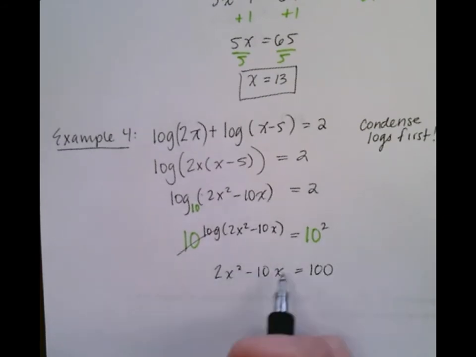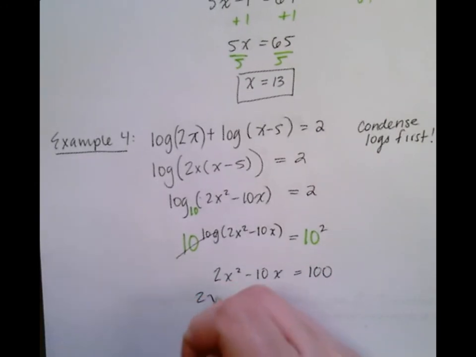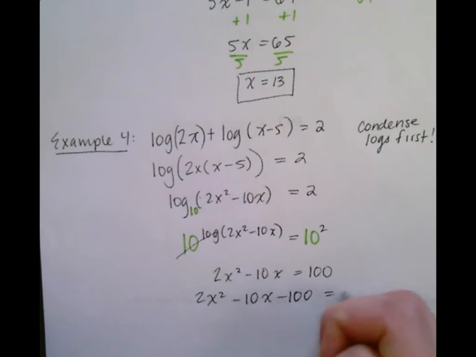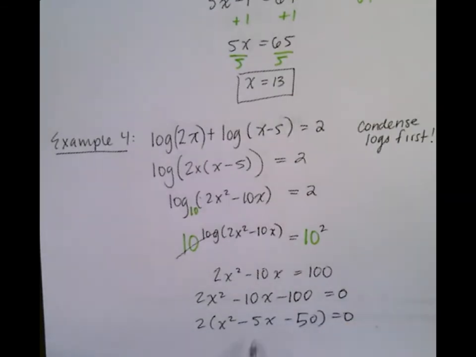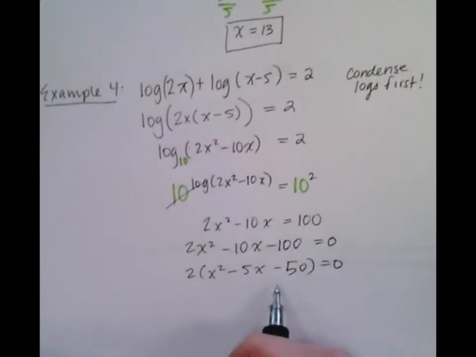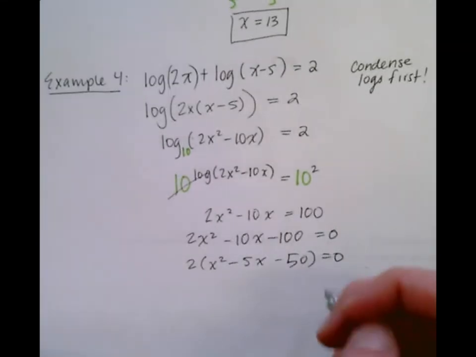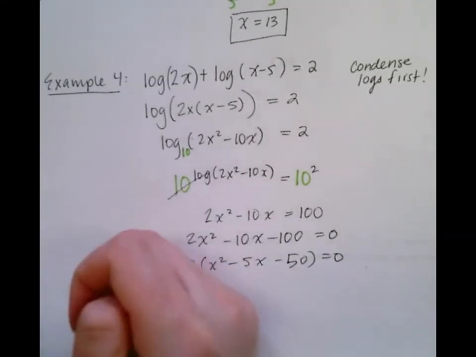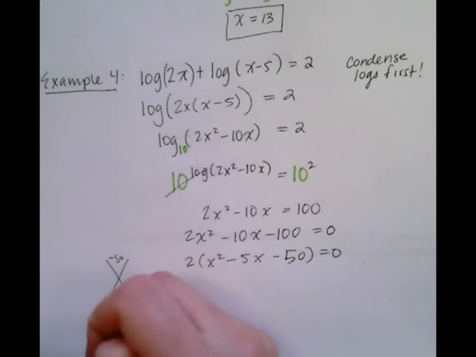Now from here, this is a quadratic equation, so I'm thinking maybe I can factor this. So it would be 2x squared minus 10x minus 100 is equal to 0. Factor out a 2. So now it's x squared minus 5x minus 50. From here, I would do the x and think, is there anything that multiplies to negative 50 and adds to negative 5?